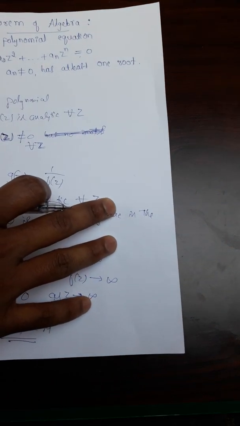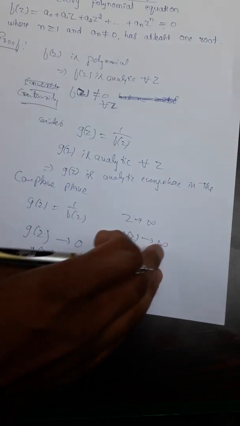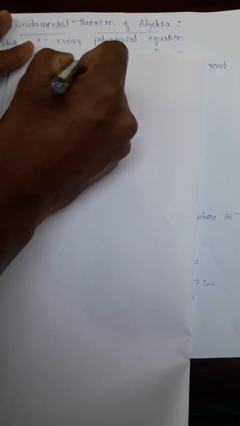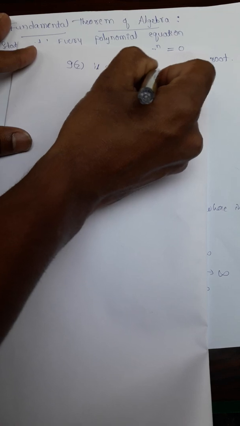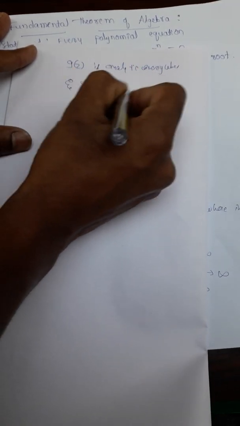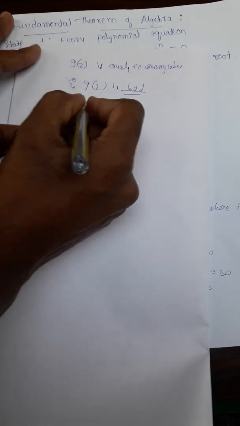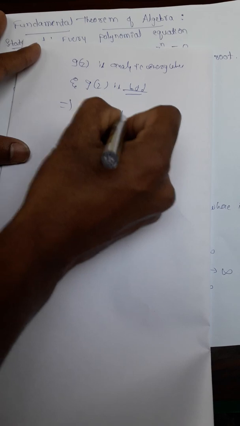That is, the only functions which are analytic and bounded in the entire complex plane are constant functions. Here g(z) is analytic everywhere in the complex plane, and g(z) is bounded, which implies that g(z) is constant.